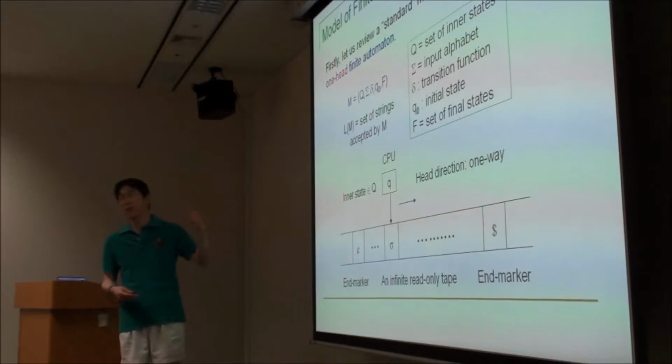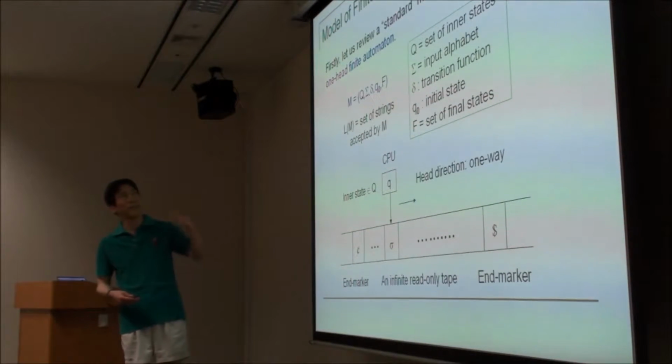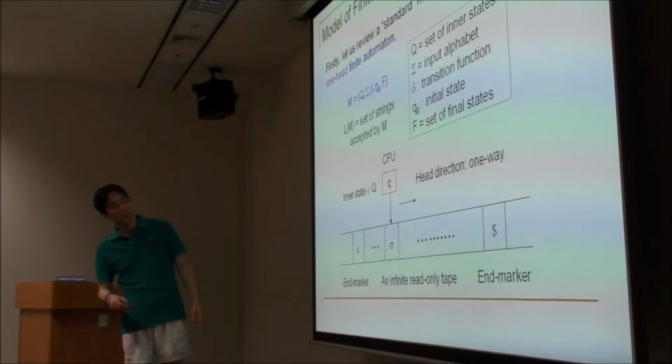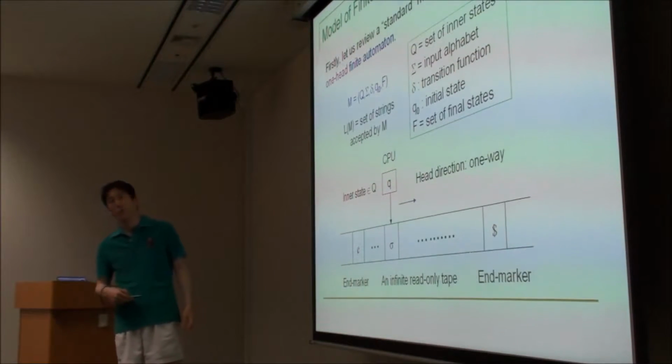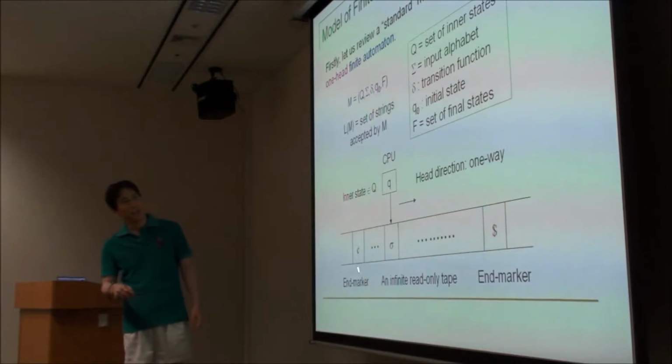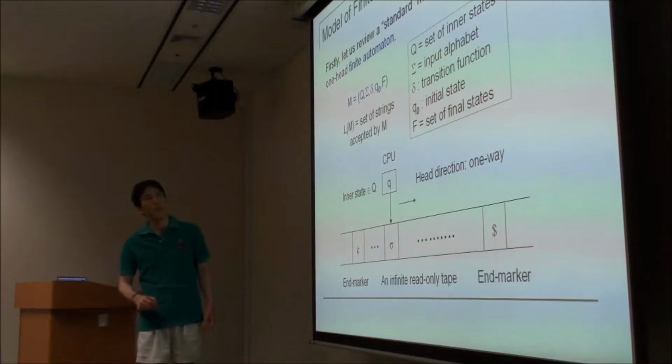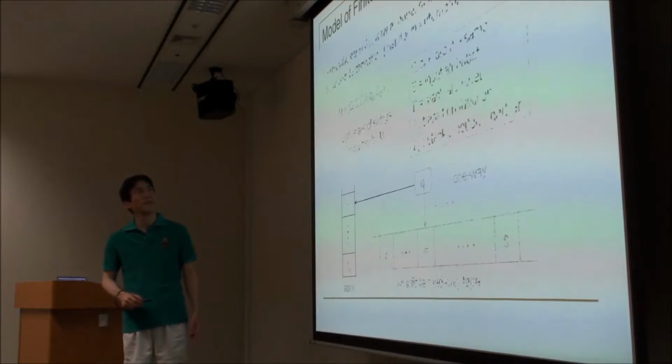I'm going to use two different models. One of these is just a one-way, one-head finite automaton. The automaton is equipped with the infinite read-only tape, and an input is marked by two end markers. The CPU and the tape head move from the left end marker to the right end marker, and they change the inner state to make a decision at the very end.